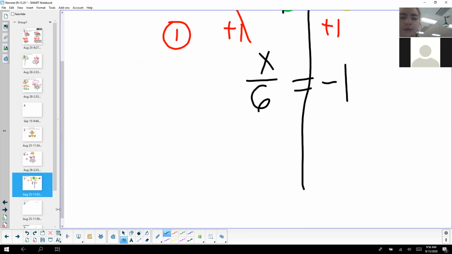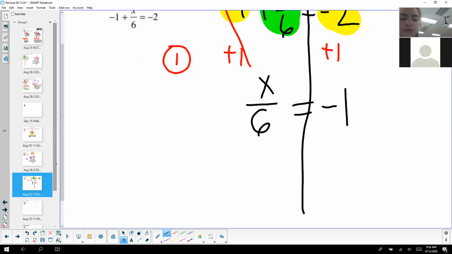Okay, now it's time for step 2. We've got to get this x all by itself. Right now, that bar means division, so I need to do the opposite of division to get that x all by itself. The opposite of division is multiplication, so I'm going to multiply both sides of the equal sign by 6.